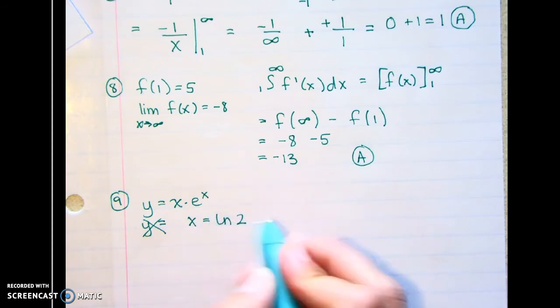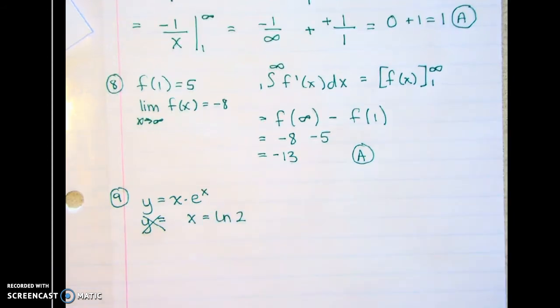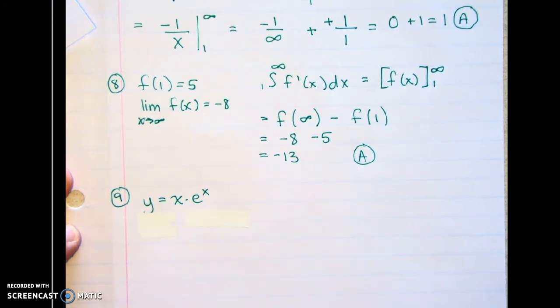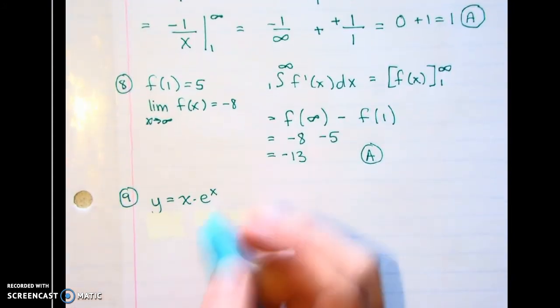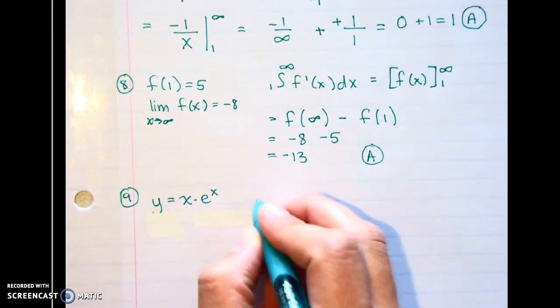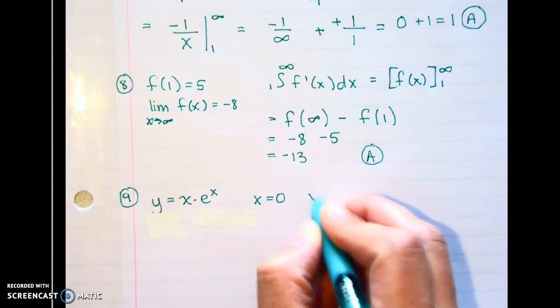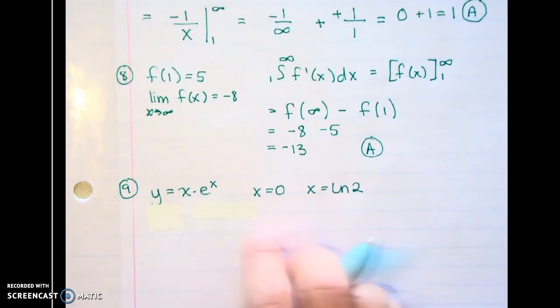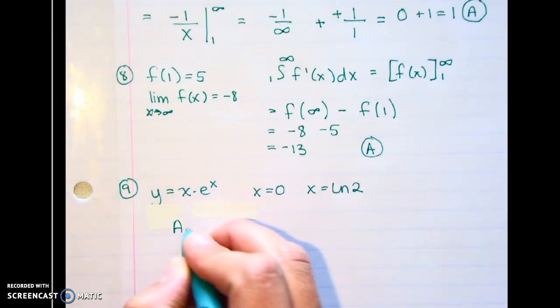Oh, people. I just don't like how this is looking. I want it to be beautiful for you guys. How am I doing on time? We're doing okay? Okay, this is the graph, and we want to go from x equals 0 to x equals the ln of 2. That's a number, you guys. Oh, and the x-axis.